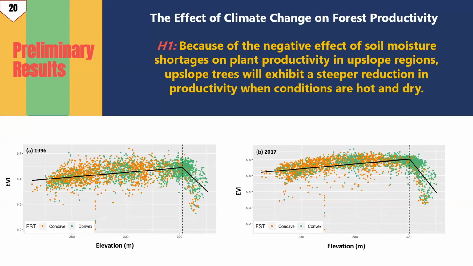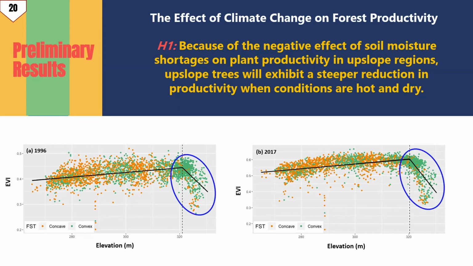So, to evaluate the extent to which the importance of fine-scale topography and landscape position differ as the climate changes, we prepared several plots representing the relationship between EVI and elevation, colored by fine-scale topography. Concave pixels are shown as orange and convex pixels are shown as green. And we chose 1996 as a cold and wet year and 2017 as a hot and dry year to see how these forests respond to the environmental condition changes.